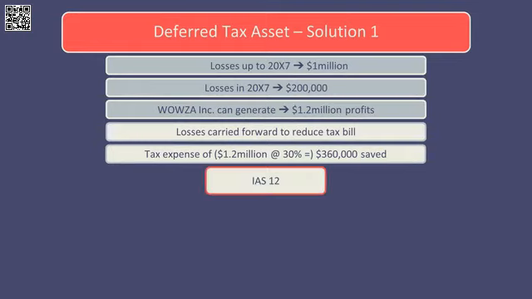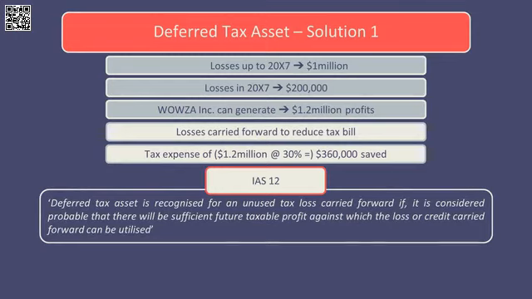Under IAS 12, a deferred tax asset is recognised for an unused tax loss carried forward or unused tax credit if, and only if, it is considered probable that there will be sufficient future taxable profit against which the loss or credit carried forward can be utilised. So it must be considered probable that the company will be profitable to use these losses.